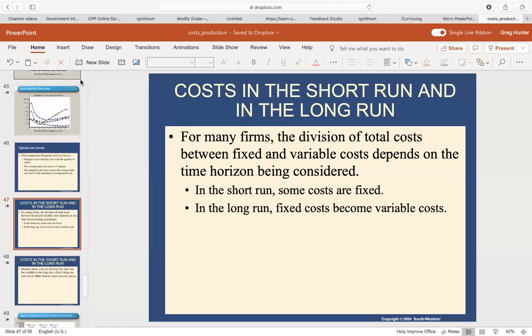And that might work over in accounting. That's fine. But in econ, there is no specific length of time. It's not 3 days, 3 months, 6 months. It just depends upon the flexibility that a particular type of business has with respect to changing the way it operates.